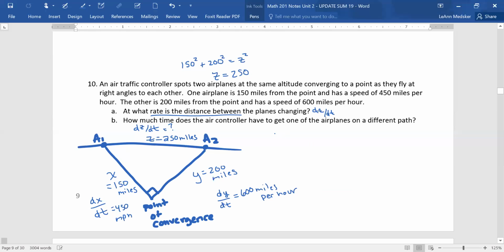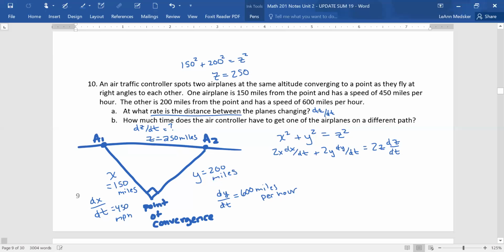Okay, so let's take all that we know. Our formula for how these units of measure are all related to each other is the Pythagorean theorem. We're going to take this derivative with respect to time, since we're talking about a rate of change of distance over time. So this would be 2x dx dt, since that's not technically a t, plus 2y dy dt equals 2z dz dt.